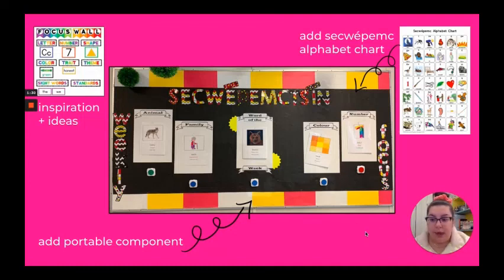So I would really like to have these in my future class, and it makes a really good addition to a word wall, especially something like this in a different language where they need a reminder or a prompt. Even in a kindergarten class, if you wanted to have a word wall by sound, you record the sound on the button so that they can click the button and hear what it is. So that was just my demonstration of what I would do to make a non-traditional word wall.